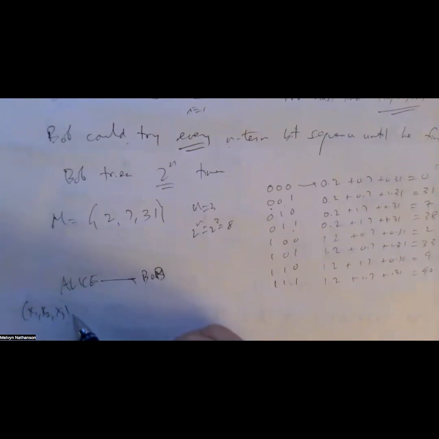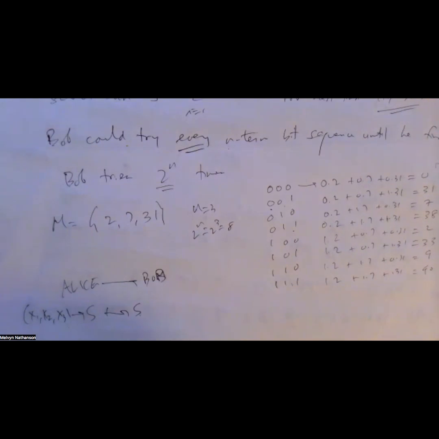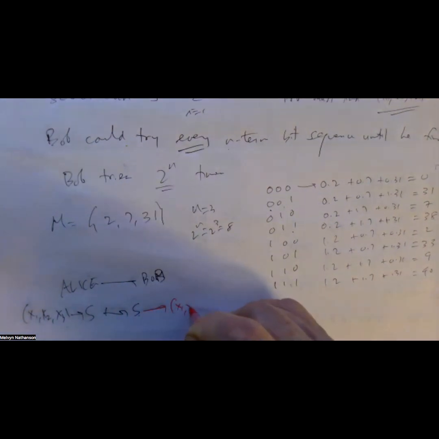So she converts this to a number S by this rule, and sends Bob the number S, and then Bob has to work backwards and find x1, x2, x3.